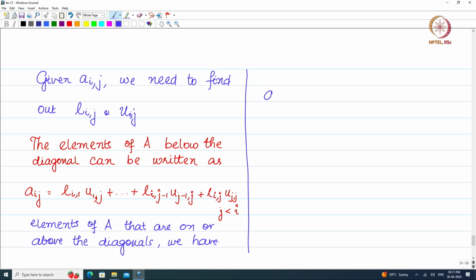Aij is equal to Li1 U1j plus etcetera plus Li,i-1 Ui-1,j plus Lii Uij.